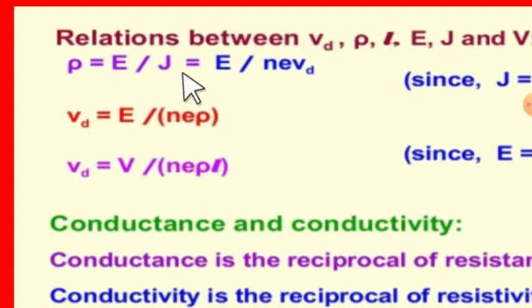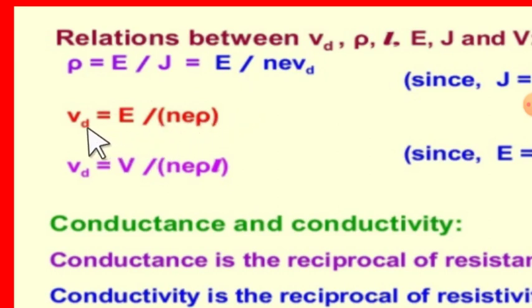Current density, we know, is the current flowing through cross-sectional area, I by A. So after cancelling, you will get J as nev_d, right? So your resistivity and electric field or drift velocity can be related in this way also.